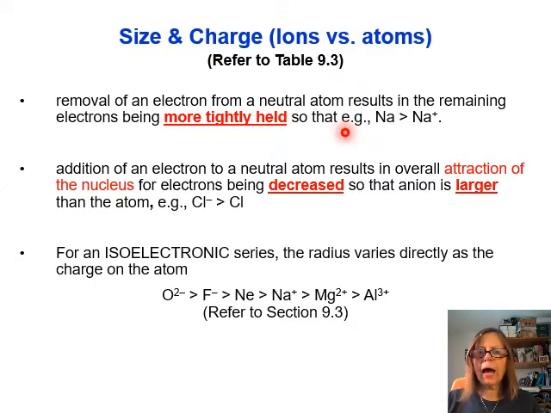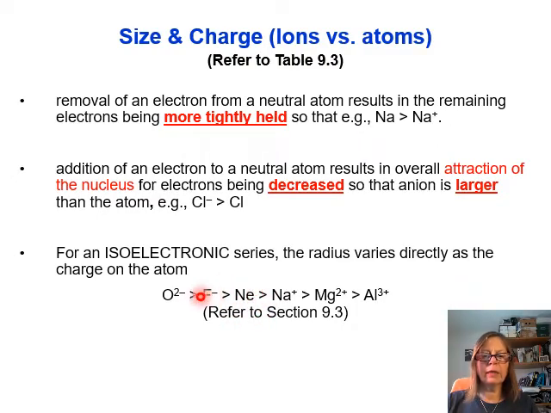Finally, let us talk about isoelectronic series. These isoelectronic series mean that all the ions and elements in the series have the same electronic configuration. So for instance, here, all the ions, O2-, F-, Na+, Mg2+, Al3+, have the electronic configuration of the noble gas neon.